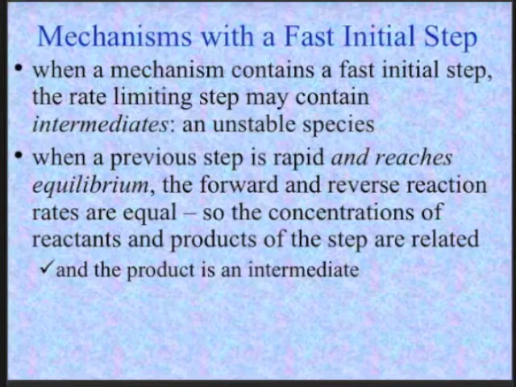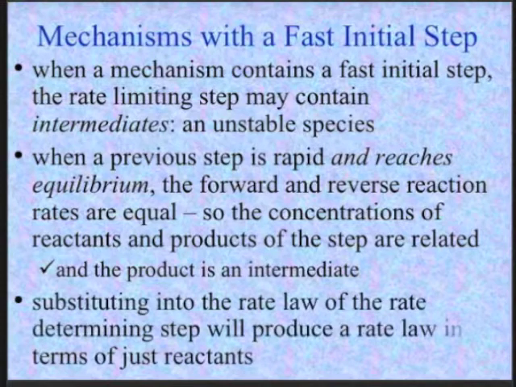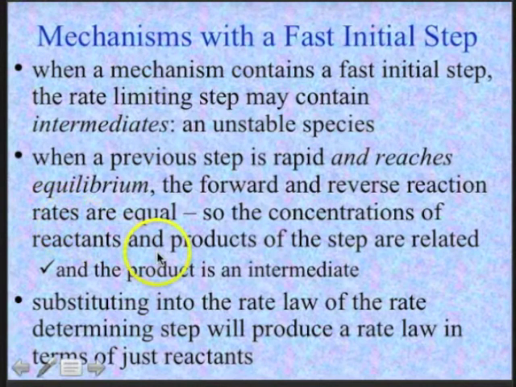That's why they're at equilibrium. So the concentrations of reactants and products of the step are related. You can write rate laws in both directions. And the product is an intermediate. And then if we substitute into the rate law of the rate determining step this information we just learned, it'll produce a rate law in terms of just reactants.